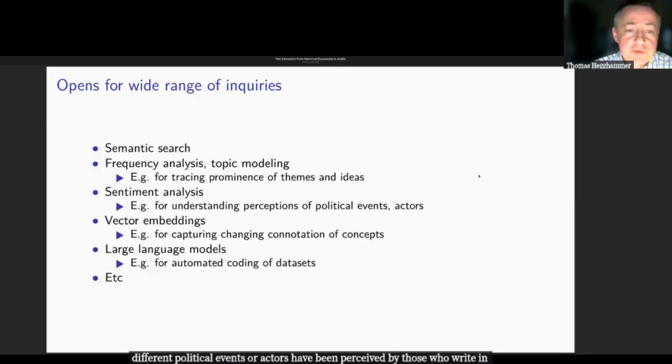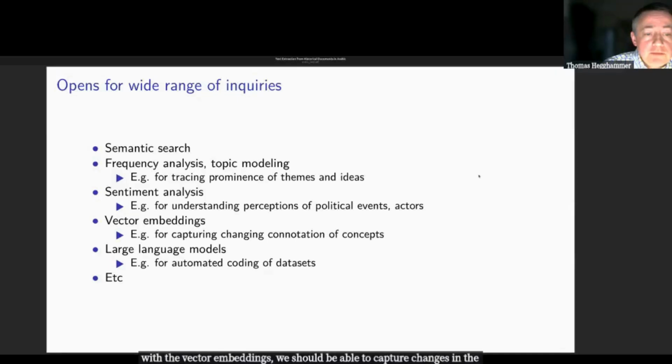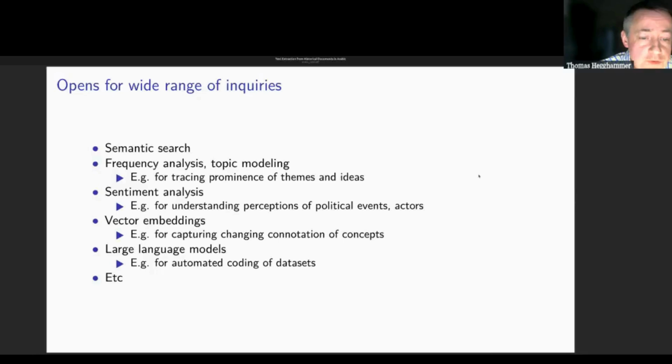With vector embeddings, we should be able to capture changes in the connotation of concepts or names or other things. And with large language models, there's lots more one can do. For example, you can use it to code event data sets, or biographical data sets on leaders or something like that. This is just the tip of the iceberg, really, of what's possible.